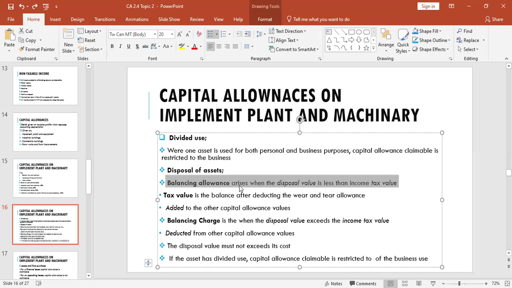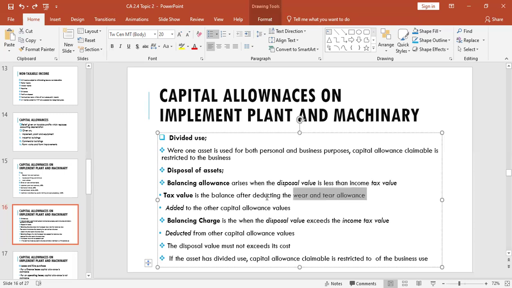A balancing allowance arises when the disposal value, obviously, this is the value of an asset, let me just say the residue value for argument's sake. So if the residue value of an asset is less than the income tax value, what's the income tax value? The income tax value is the balance after deducting wear and tear.